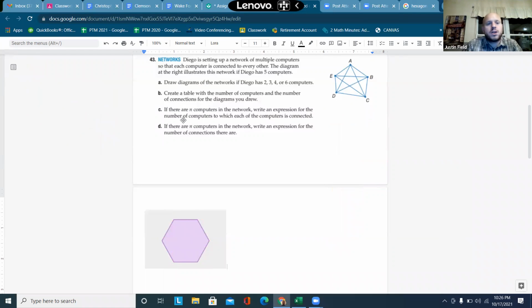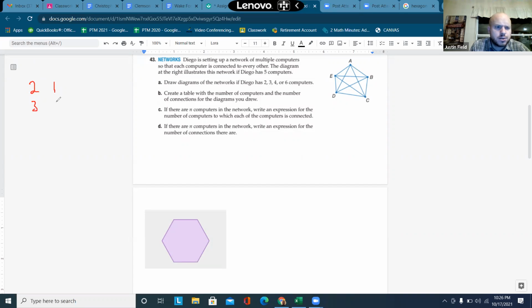Okay, so if there are n computers in the network, write an expression for the number of computers to which each is connected. Okay, can we do that? So let's write that table again. It was 2, 1, 3, 3, 4, so increase by 2, 4, 6, 5, 10, 6, 15.